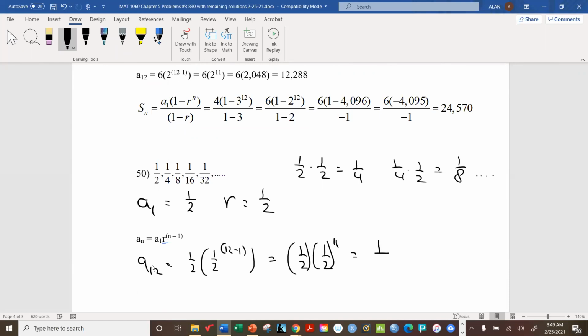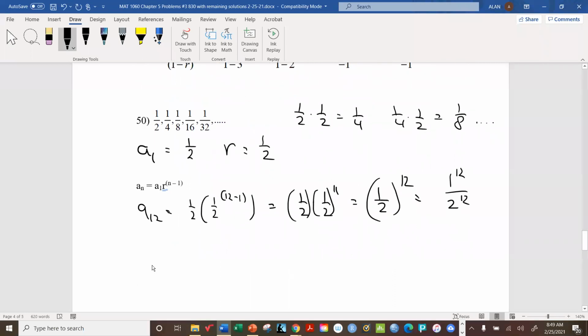So you can just simply rewrite this as 1/2 to the 12th. And that in turn can be written as 1 to the 12th over 2 to the 12th. Now 1 to the 12th is clearly just 1. 2 to the 12th, as we saw earlier, is 4096. All right, so that's your final answer for that one.